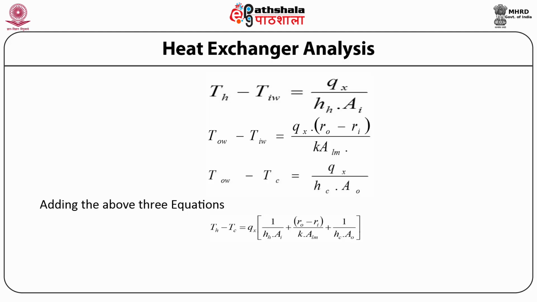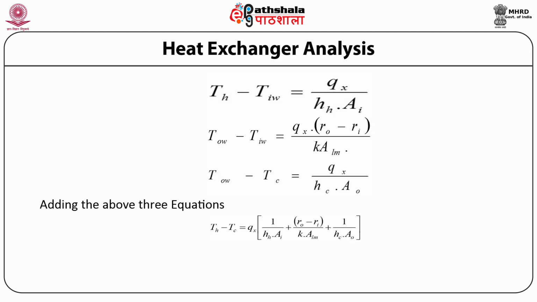So, here we have three parts. First part is for convection in the inner surface. Second part is the conduction across the wall. Third part represents the convection across the outer surface. So, TH minus TC can be represented in terms of three resistances.